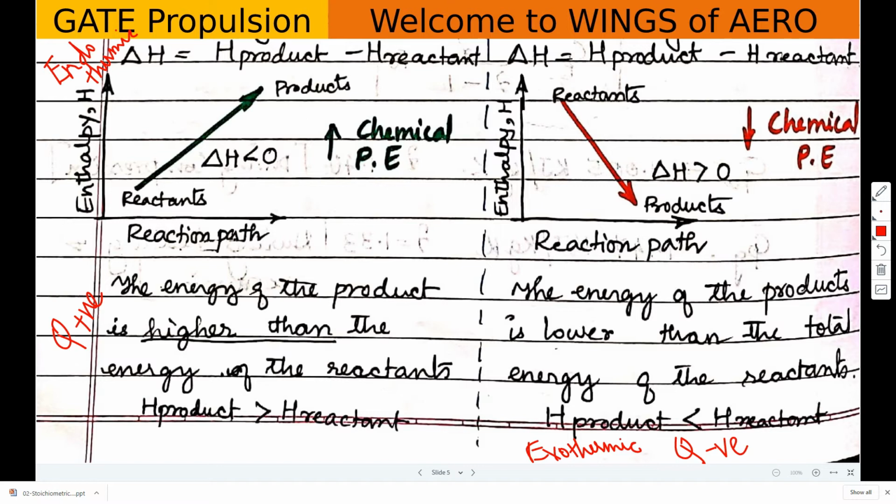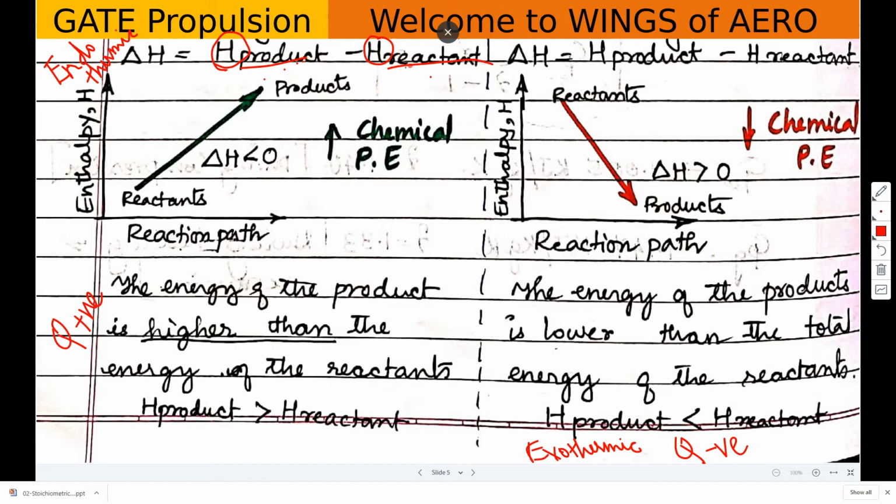Now one more factor you have to remember is the heat of reaction. What is heat of reaction? It is the change in enthalpy between the product and the reactant.